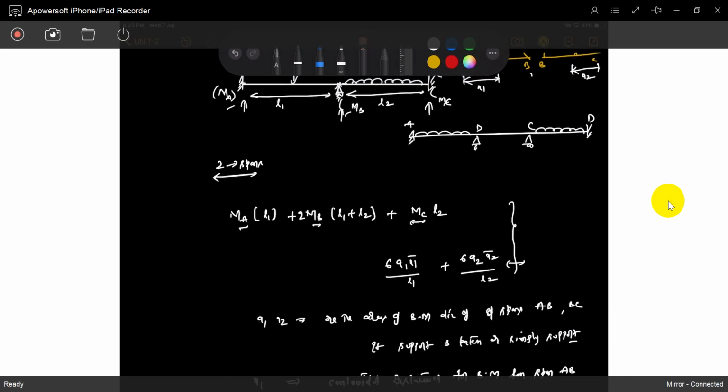What is the difference, sir? One positive and one negative sign is different. So if you choose this equation, you will get MA, MB and MC as positive or negative. If it comes as positive, it is a hogging moment. Otherwise, if you get a negative value, that is a sagging moment.